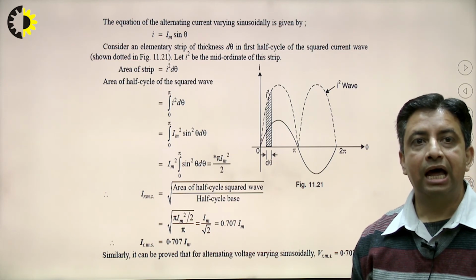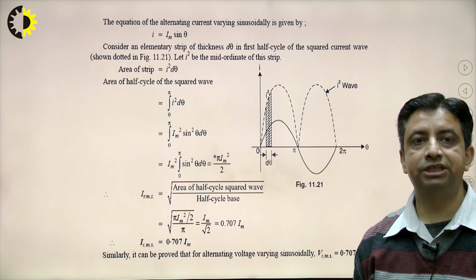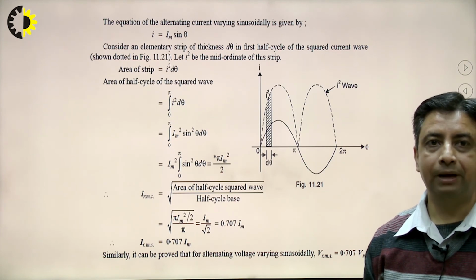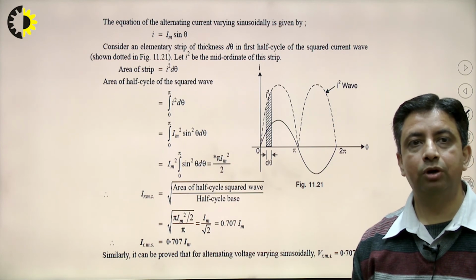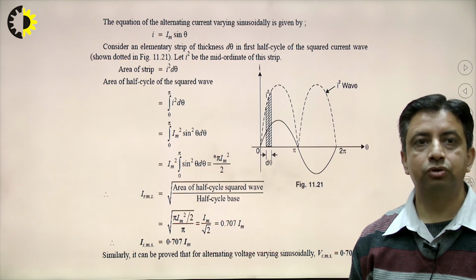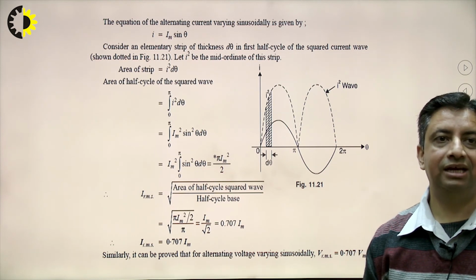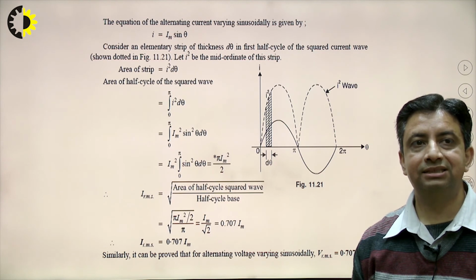Now again, I can take the limit from 0 to pi or 0 to 2 pi, it means one and the same thing, because you can see it is a periodic waveform which is repeating after every pi interval. So for simplicity I have taken it as from 0 to pi. So I will integrate this I square from 0 to pi.